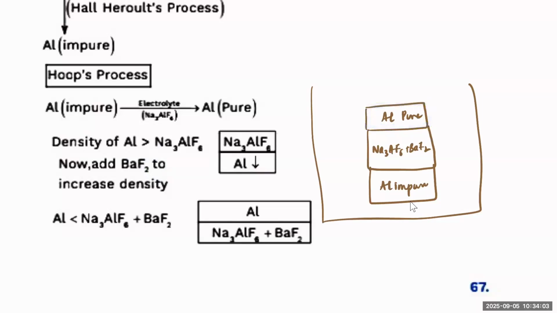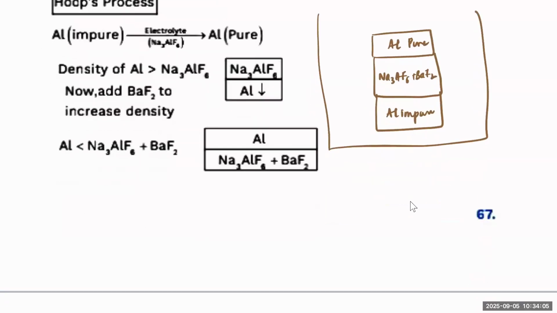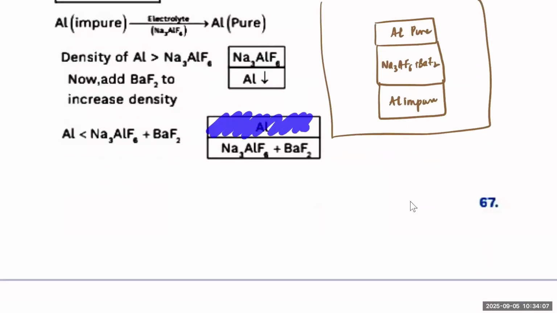The pure form of aluminium which is forming will be the top layer. Then we have Na3AlF6 plus BaF2 plus impure aluminium, and the bottom layer will be only impure aluminium. So first you added impure aluminium, and as soon as you added Na3AlF6 and BaF2, it will become a second layer, and from there it can become pure aluminium.